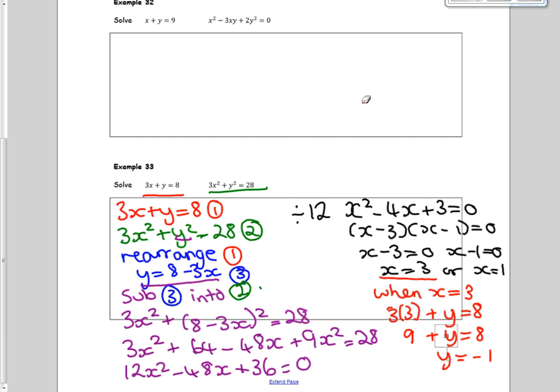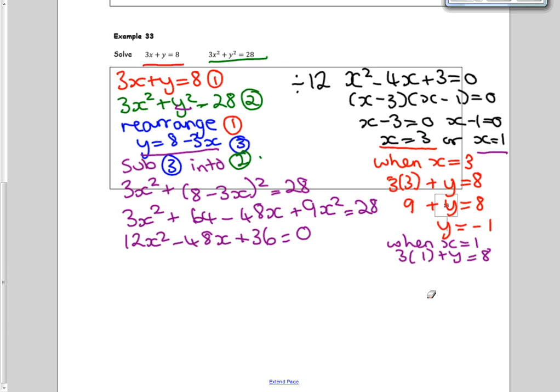And again, now using my x equals 1, so when x equals 1, we have 3 lots of 1 plus y equals 8, and that means that 3 plus y equals 8, so y equals 5.